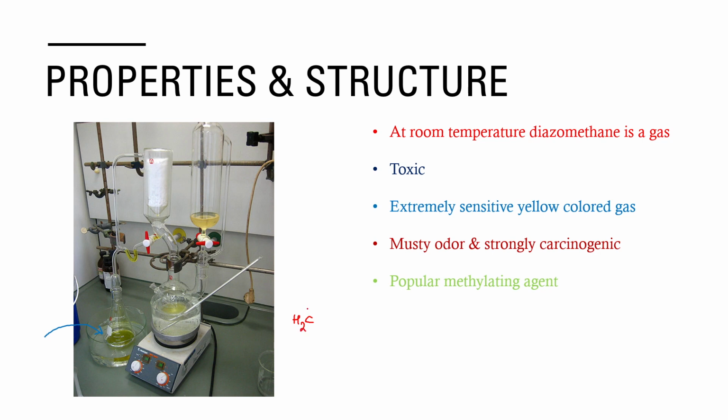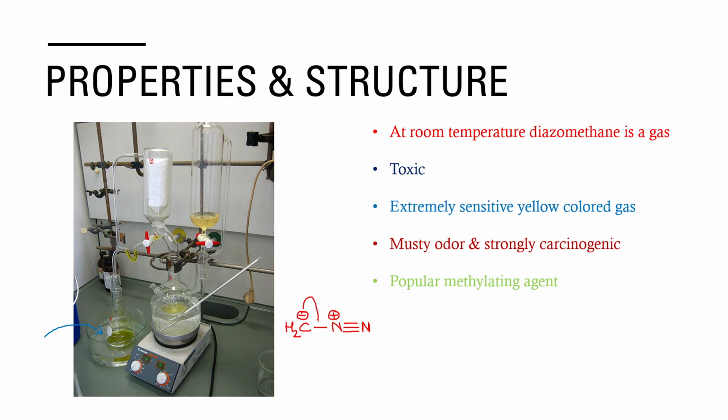So CH2 minus N triple bond N, ऐसा ही आपने कुछ बनाया था. Okay, let me just draw it a little better. CH2 minus N triple bond N, and this nitrogen has a positive charge.